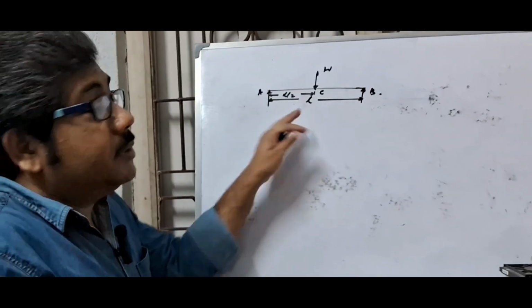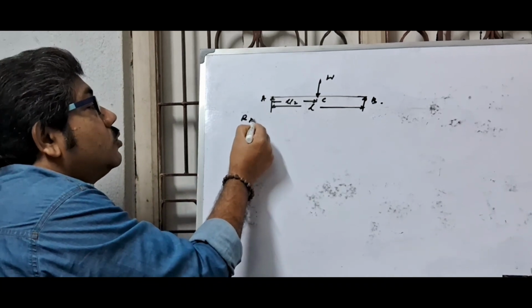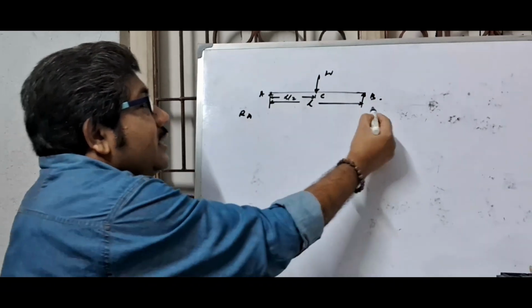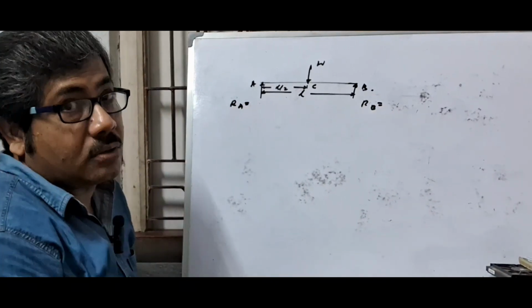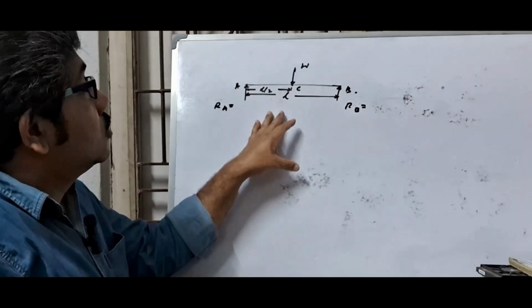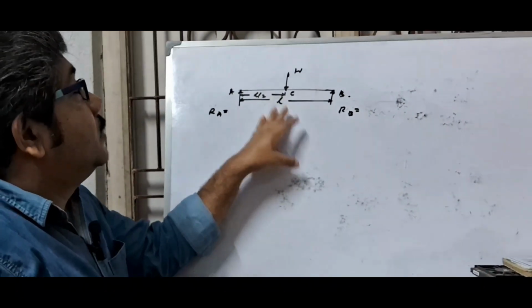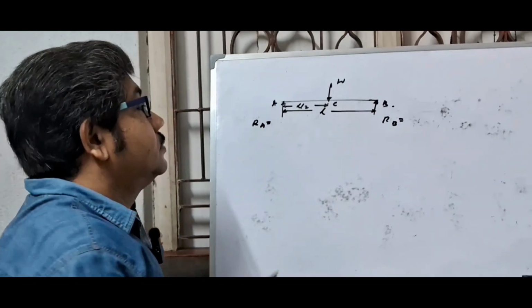For a simply supported beam, we have to calculate the support reactions at points A and B first of all. And remember, don't calculate below this figure, because we have to draw a shear force and BM diagram.